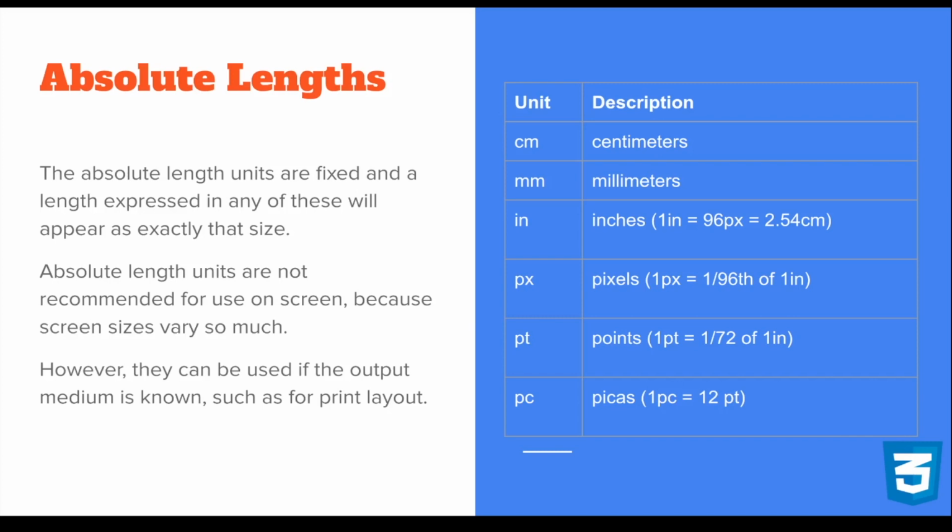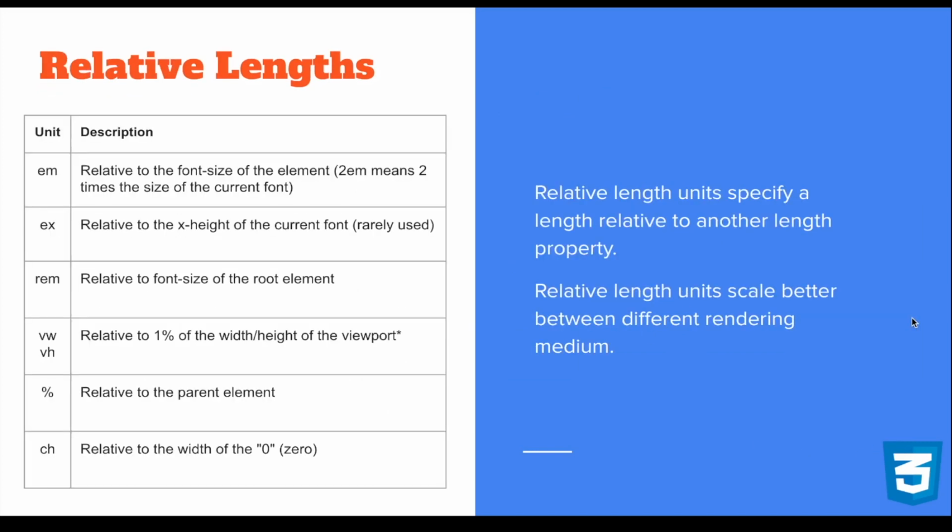Relative length is relative to your device or to other elements. So let's see what that's talking about. Relative length units specify a length relative to another length property. So it's either related to the entire screen or related to a particular element.